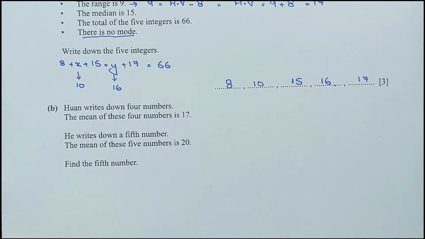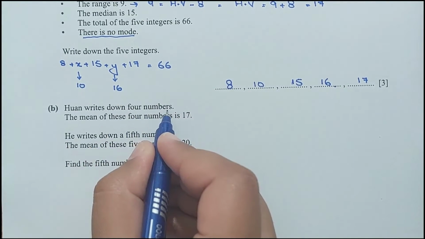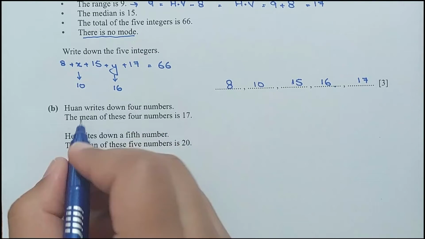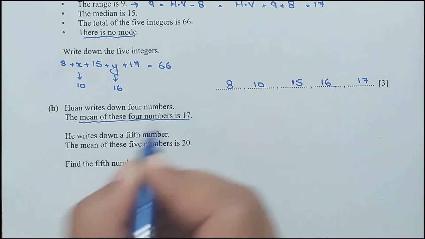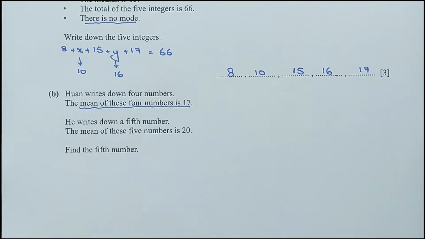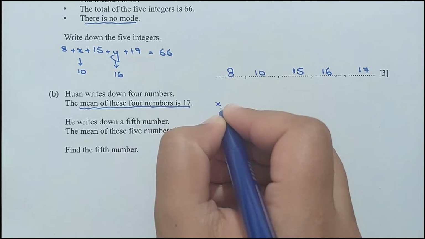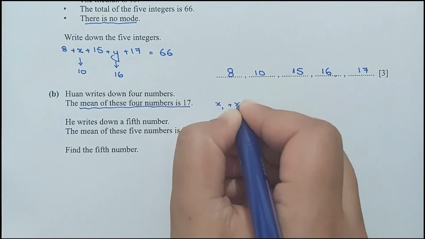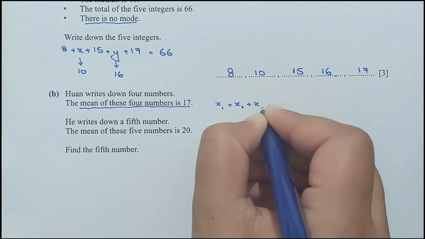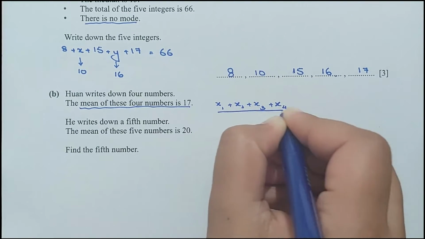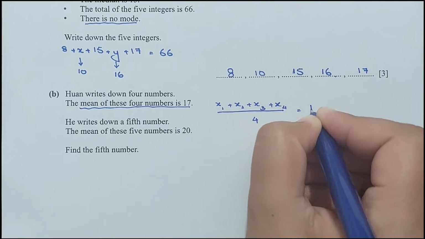Now for part B, one writes down 4 numbers. The mean of these 4 numbers is 17. Let's say these are the four numbers x1, x2, x3 and x4, and their mean is 17.